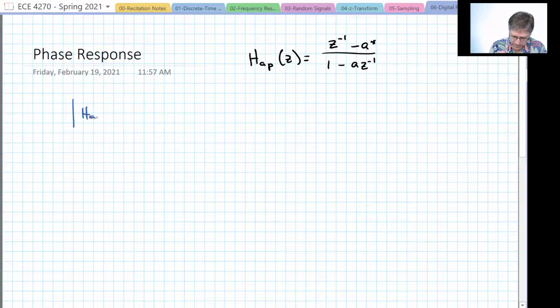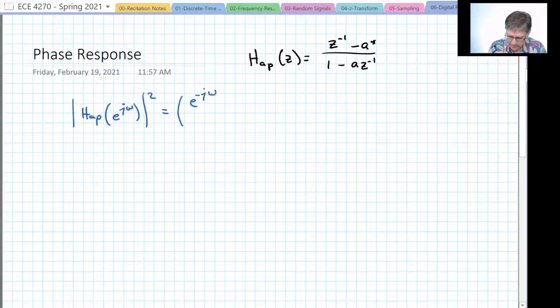If we put in e^(jω) and look at the magnitude squared, we get this by multiplying H(e^(jω)) by H conjugate of e^(jω).